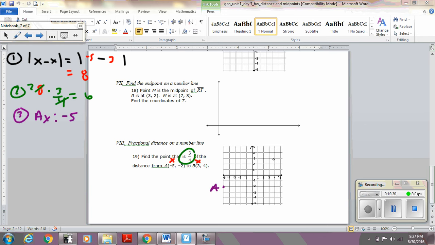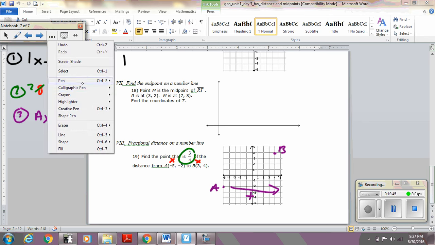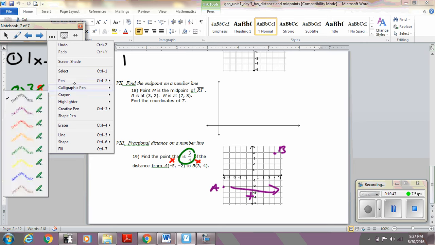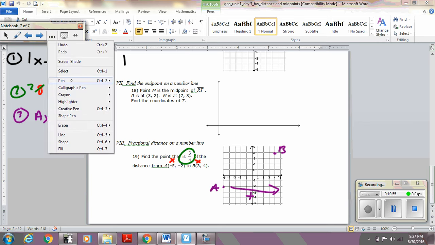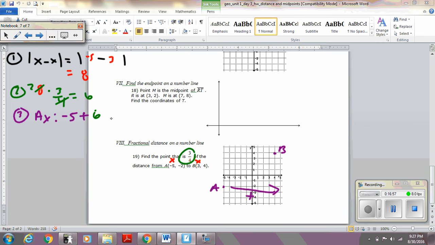Right here, there's A. And B is at 3, 4. So since we're moving right, we're going to add. So we're going to add our fractional distance of 6. So -5 plus 6 would leave you with +1. So that's our x value.